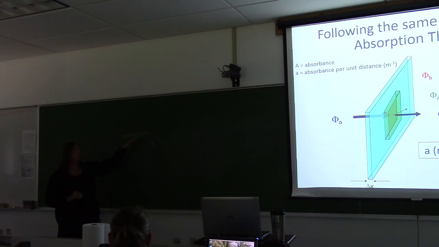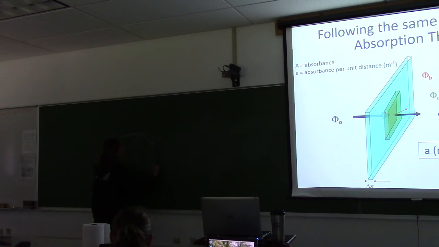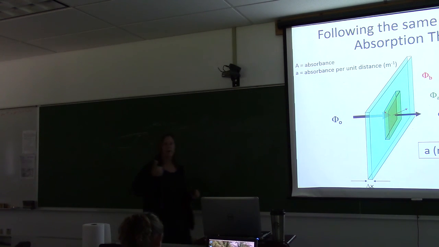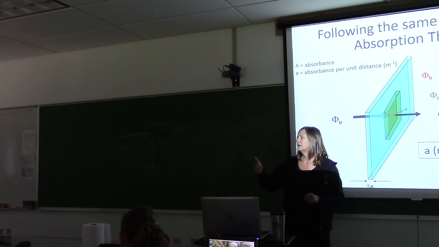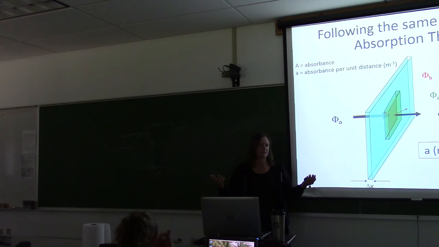So changing whether the scattering is lost versus scattering is captured allows you to make virtually the identical instrument with the same path length, the same intensity beam, and the same detected beam, but you're able to measure two different things.